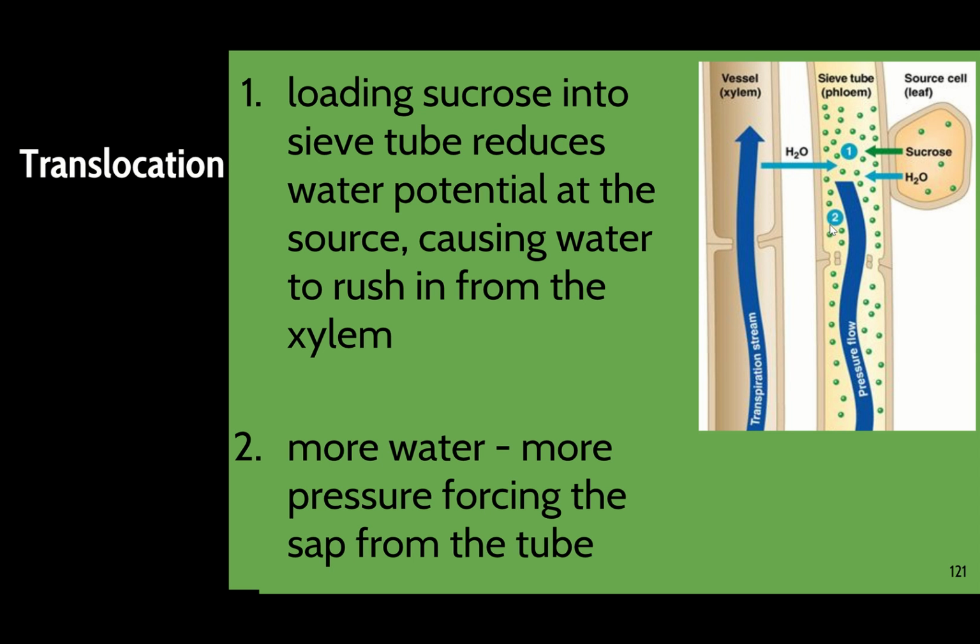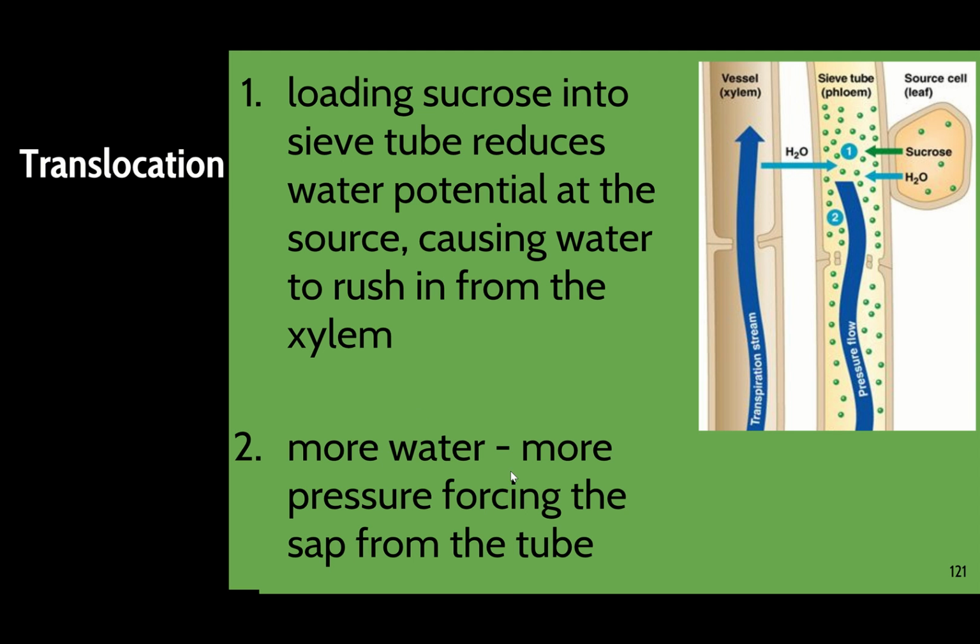As the water rushes from the xylem into the phloem, because of this change in the concentration gradient of water, it's going to increase the pressure of this sieve tube element. So think about this as filling up a balloon with water. If you keep filling up a balloon with water, the pressure on the membrane of that balloon is going to increase. And that's exactly what's happening here. So the increased pressure forcibly pushes the water, now including all of those sucrose molecules, down the source to sink gradient.